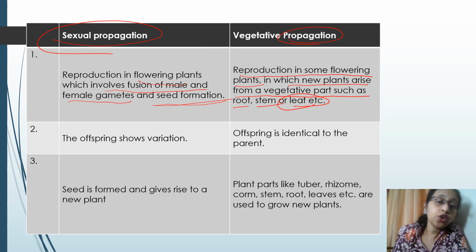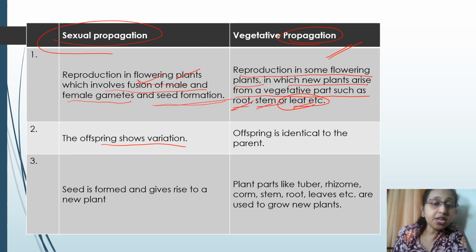So there, no fusion of the male and the female gametes is happening, and no seed formation is happening in vegetative propagation, right? But in sexual propagation, fusion of male and female gametes occurs and seed is formed. In vegetative propagation, new plants are formed from the vegetative parts like root, stem and leaf.